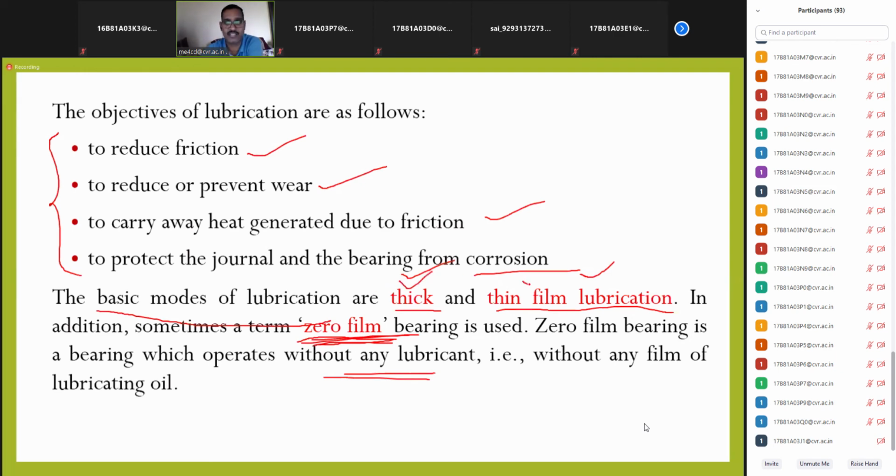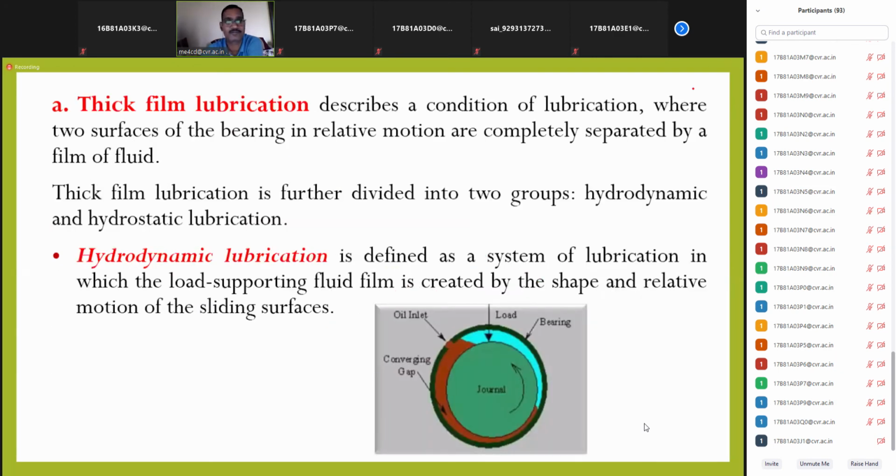And what is thick and what is thin? Thick film lubrication describes the condition of lubrication where two surfaces of the bearing in relative motion are completely separated by a film of fluid. This is a bearing, and this is very thick; the thickness of the oil film is very high.